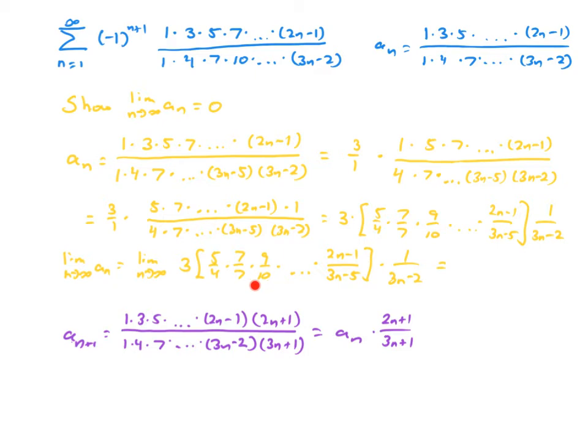So I have 3 times all these things here, which would go to 2/3, times 1 over the 3n minus 2. Well, as n goes to infinity, that's 0. So I get a constant.